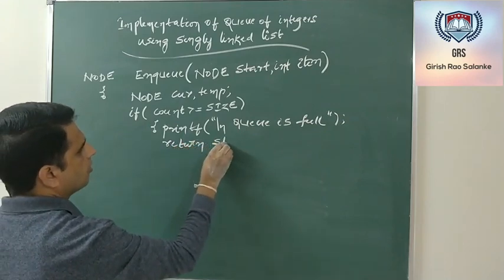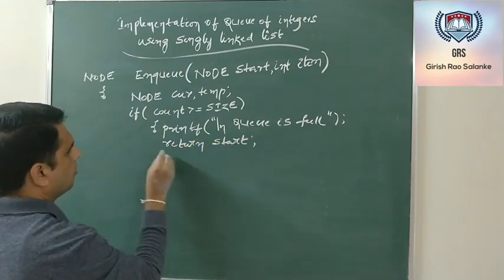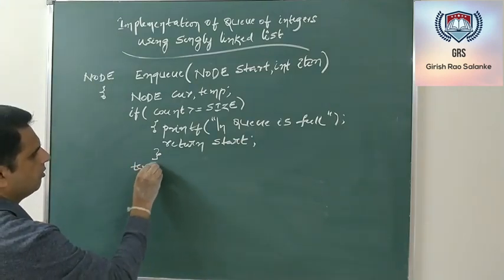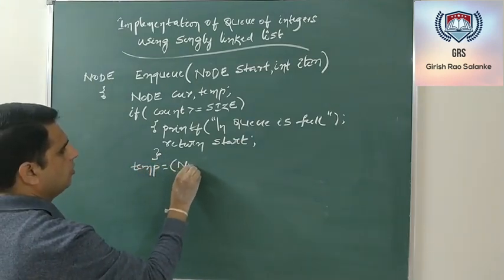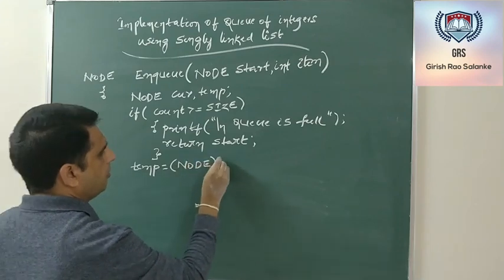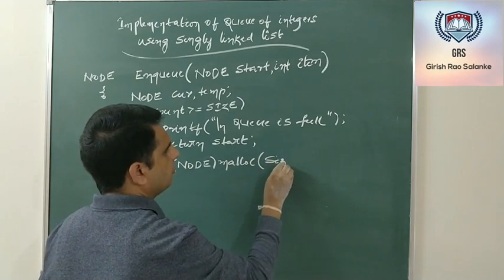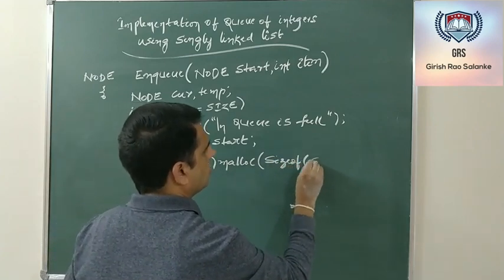Return start. If the queue is not full, then allocate memory for temp. Temp is equal to NODE malloc of size of struct node.